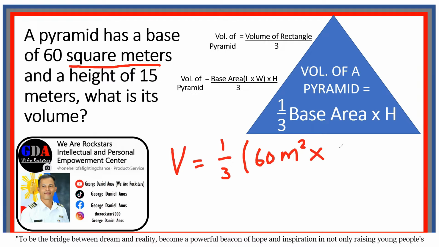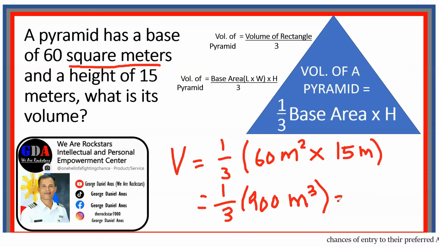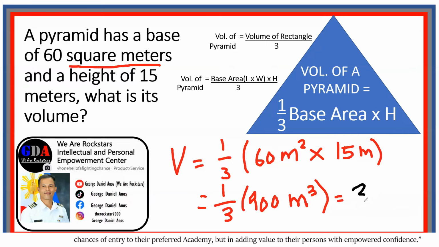If you multiply that with the 15 meters height, then you will have 1/3 of 900, whose unit is now cubic meter. So it is now in volume. So the answer for this particular problem is 300 cubic meter.